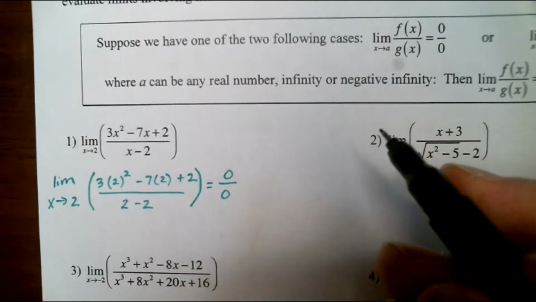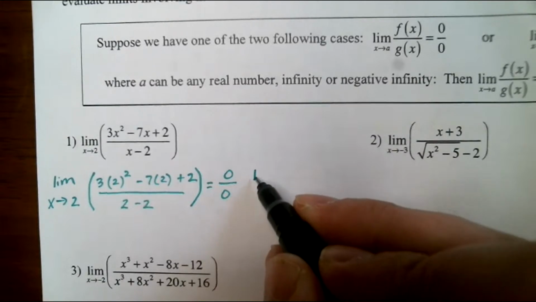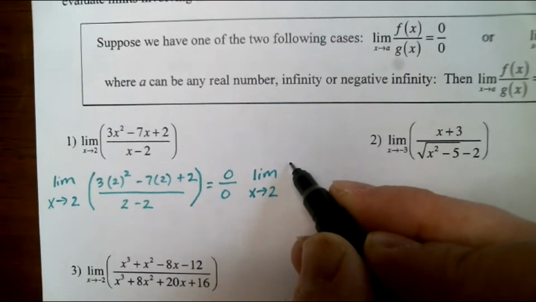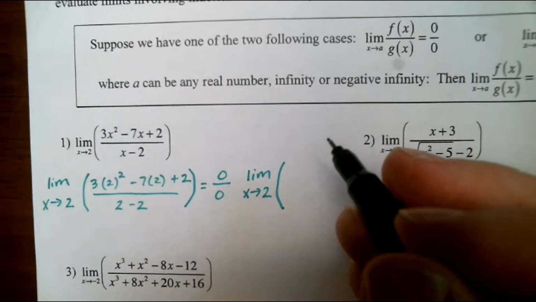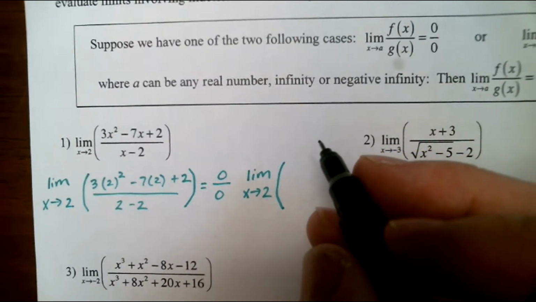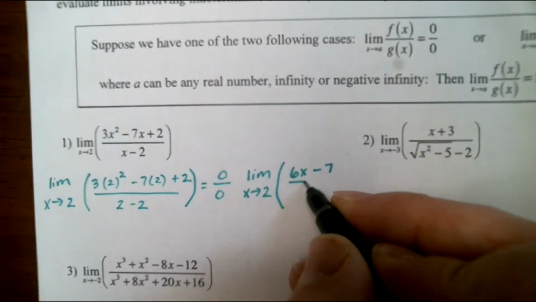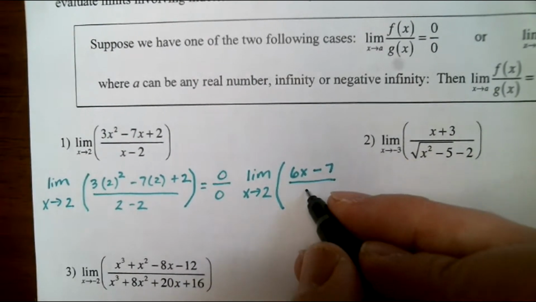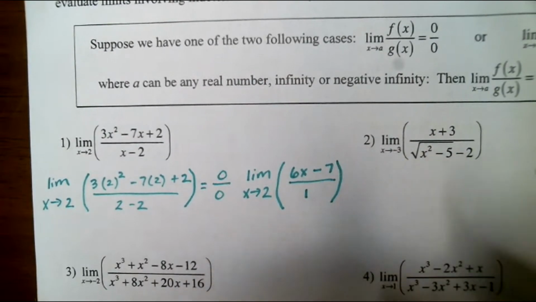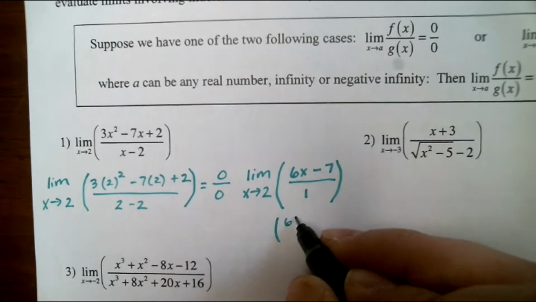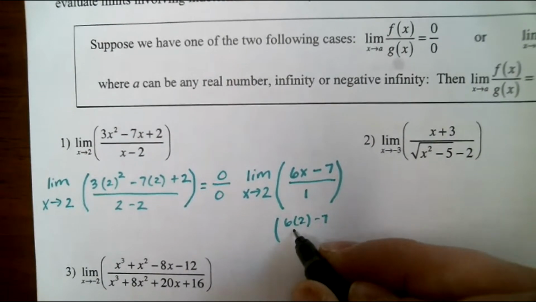So, looking at this, the limit as x approaches 2, now we change it to this: 6x minus 7 over 1. Now we plug 2 in. 6 times 2 minus 7 over 1.